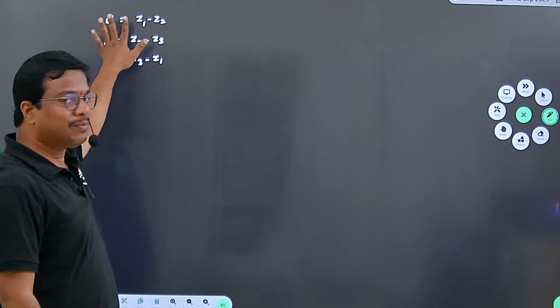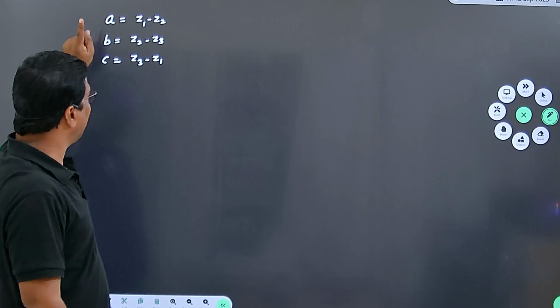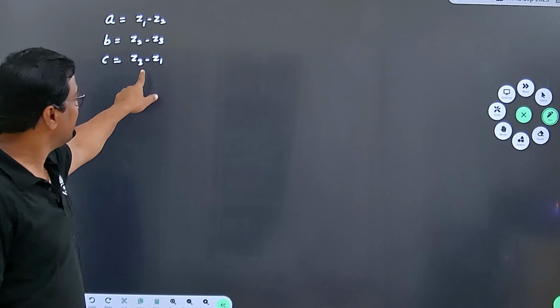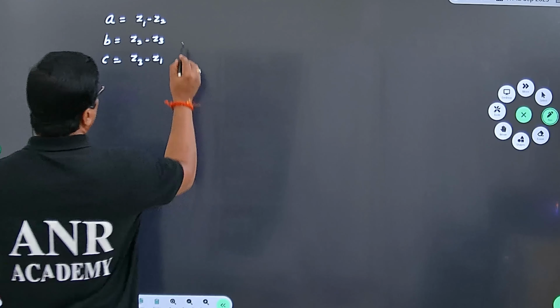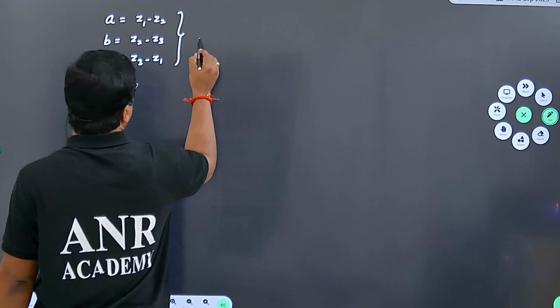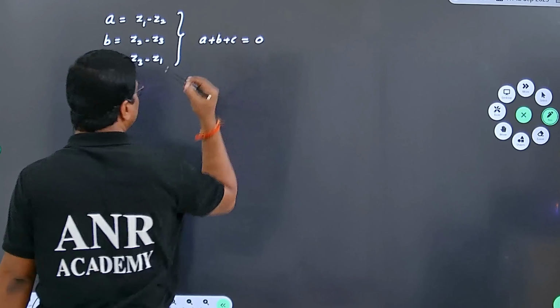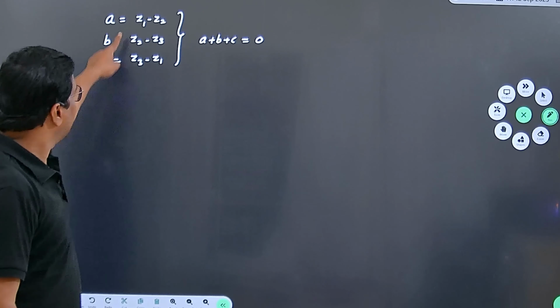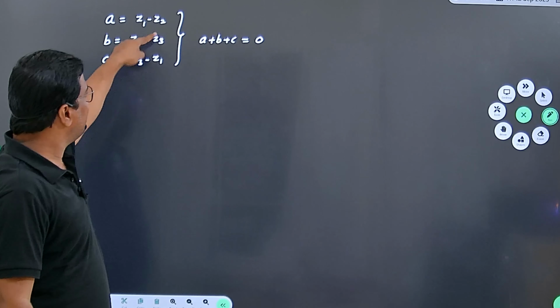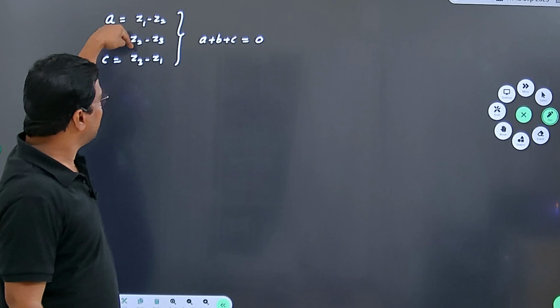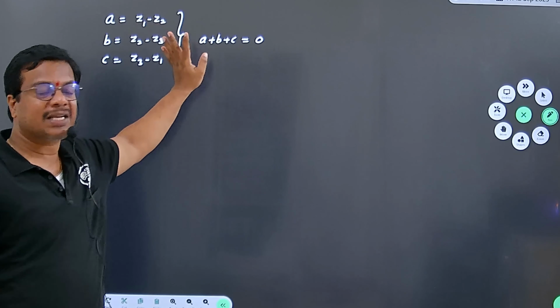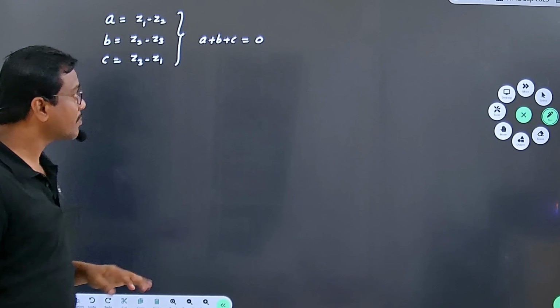What happens if you add all these? a plus b plus c becomes 0 clearly. Positive z1, negative z1, positive z2, negative z2, positive z3, negative z3 get cancelled, we get 0.